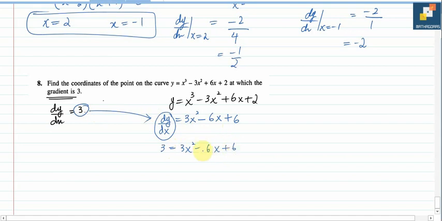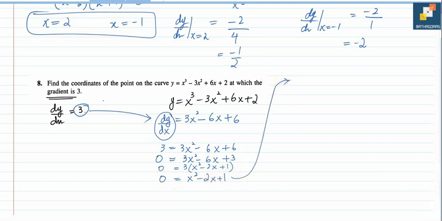Now we need to solve that equation. It's 3x square minus 6x plus 6 minus 3 equals 0. We can divide the equation by 3 or take 3 common here. So it's x square minus 2x plus 1 equals 0.